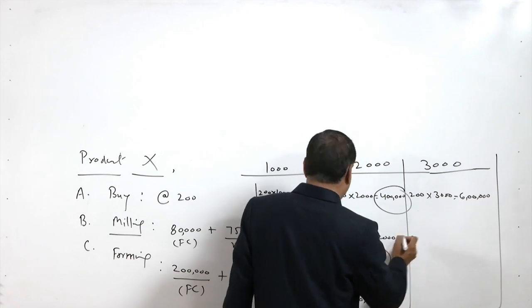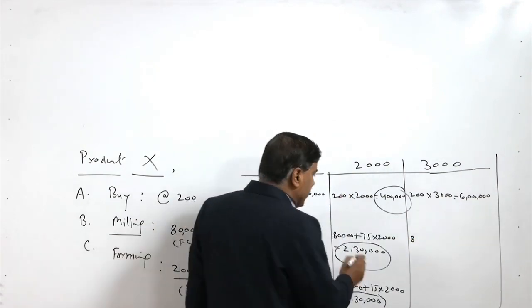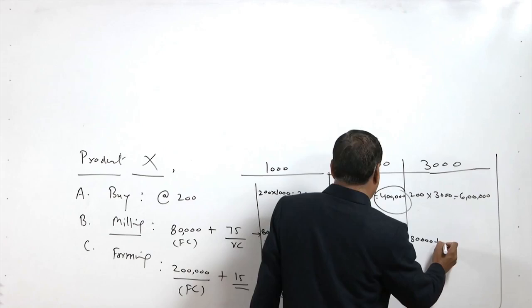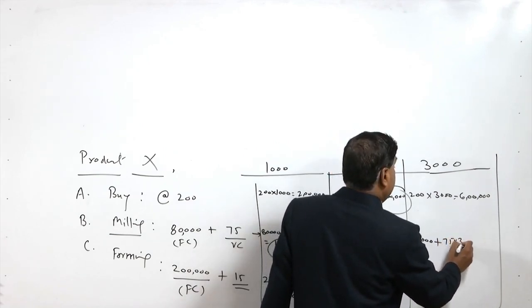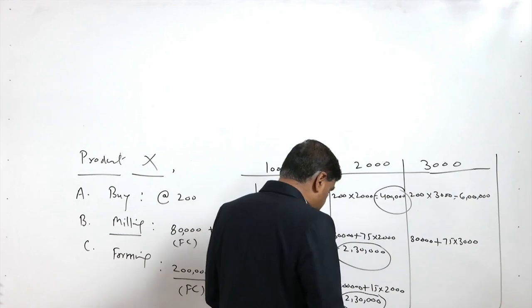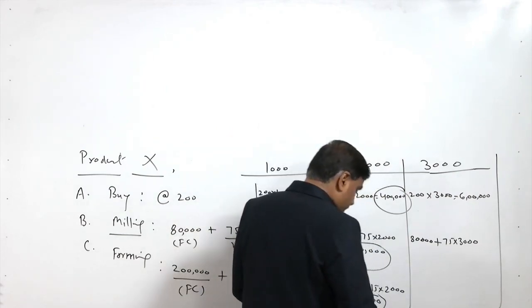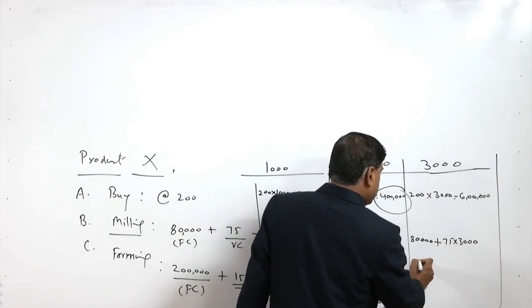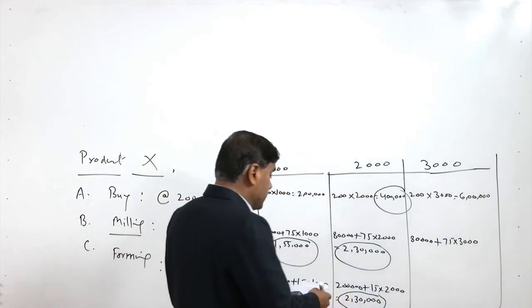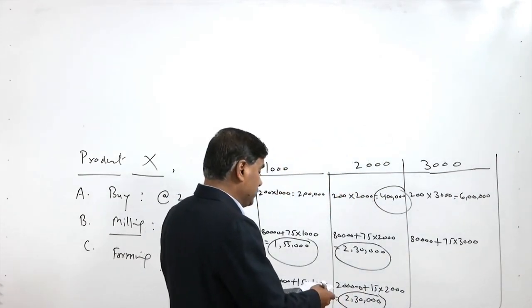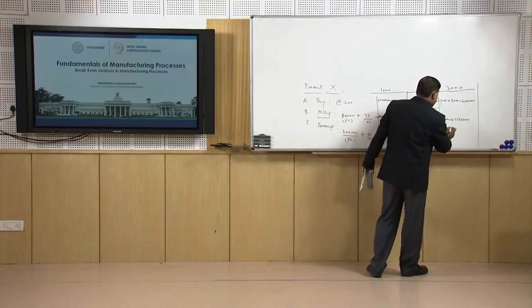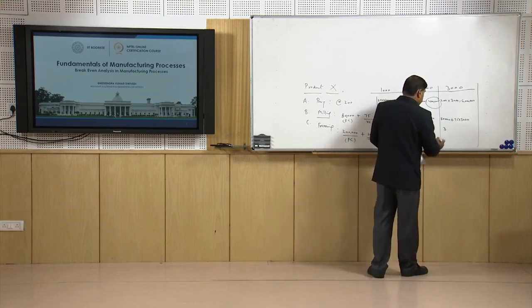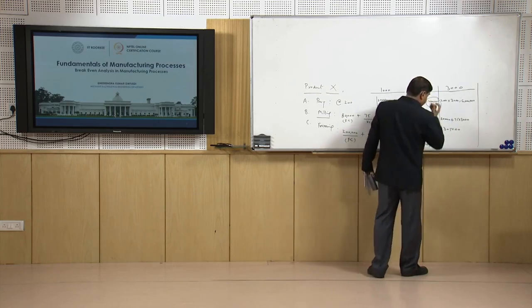For the milling option, option 2, it is 80,000 plus 75 multiplied by 3000, so the total price here is 3 lakhs 5,000.